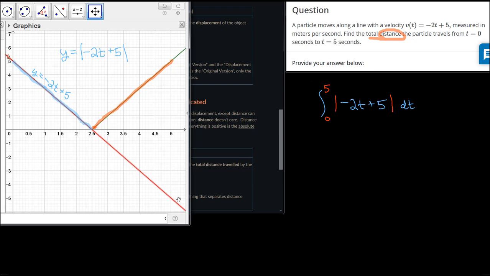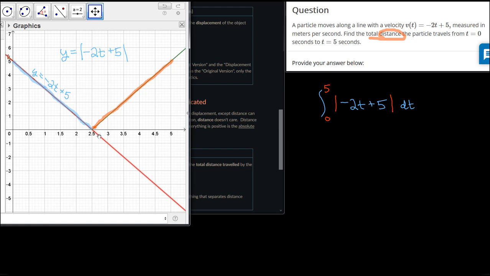It goes negative. Now, as far as the absolute value is concerned, remember what it does? The absolute value doesn't change anything when it's positive. So on this blue part of the regular line, -2t plus 5, it's positive, so the absolute value isn't going to do anything. So that's why it's legal to just get rid of the absolute values.